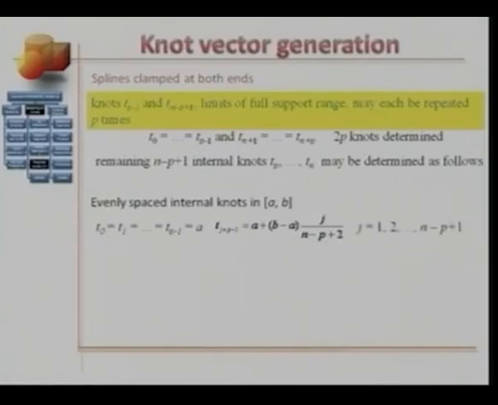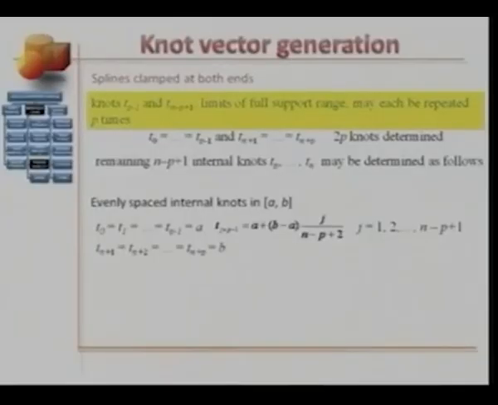Here the index j is going from 1, 2, 3 up till n minus p plus 1. And the last p knots, which are Tn plus 1, Tn plus 2, Tn plus 3 up till Tn plus p, can all be set to B.